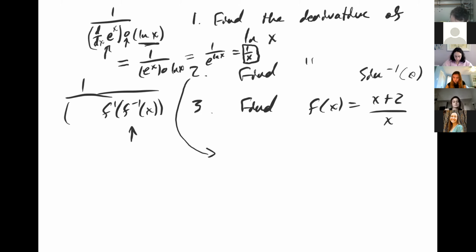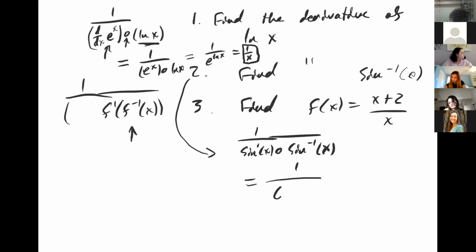This one's a little bit trickier. So in this case, we're doing 1 over the derivative of sine x, composed with sine inverse of x. And so this gives you 1 over cosine of sine inverse of x.